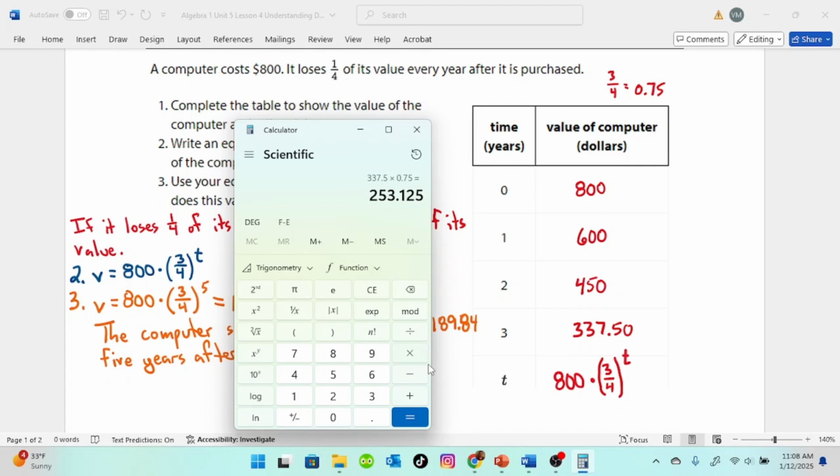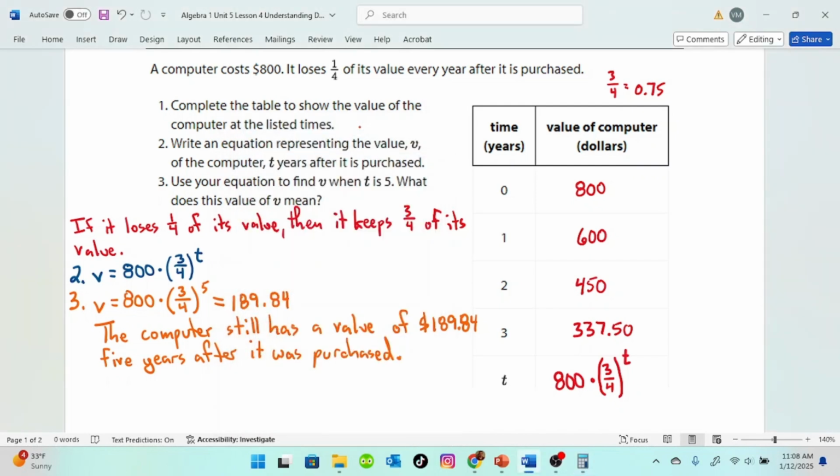And now if I multiply the 4th year value by 0.75 to get the 5th year value, there I get my answer of $189.84. So understanding how to write the exponential function will allow you to go straight to the answer without having to repeatedly multiply by the fraction that you're keeping.